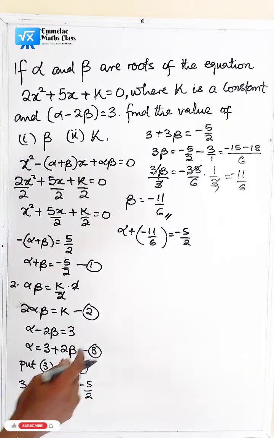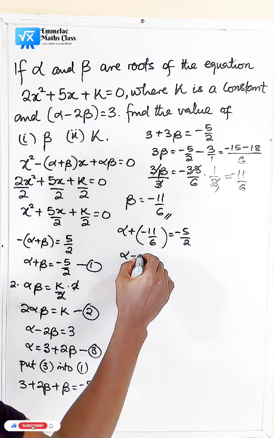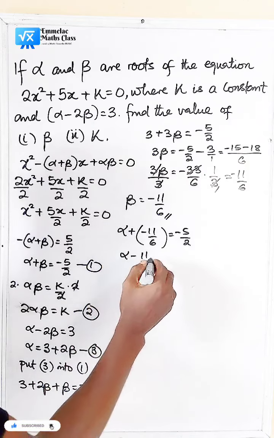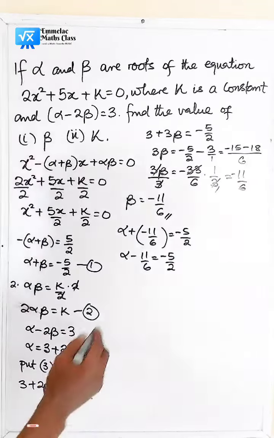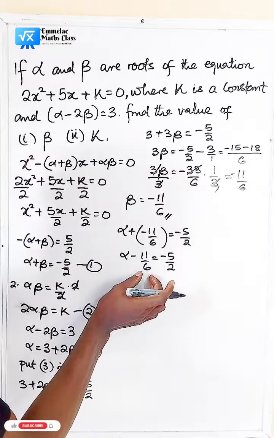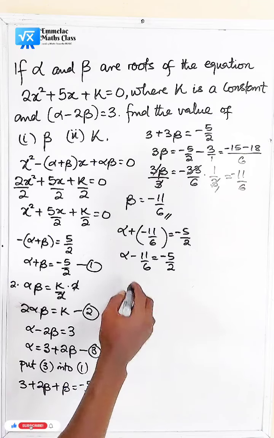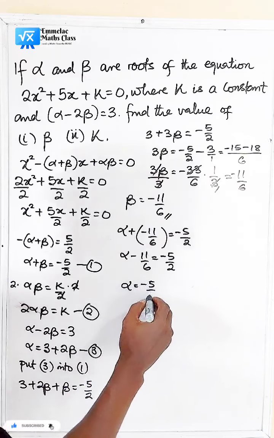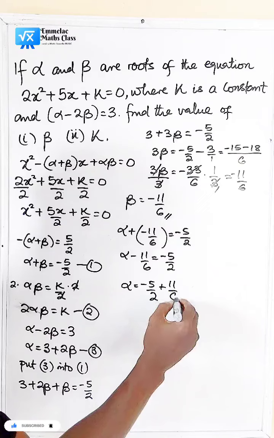So alpha minus 11 all over 6, because plus times minus gives us minus. Taking negative 11 over 6 to the right hand side, it becomes positive. So alpha equals negative 5 all over 2 plus 11 all over 6.